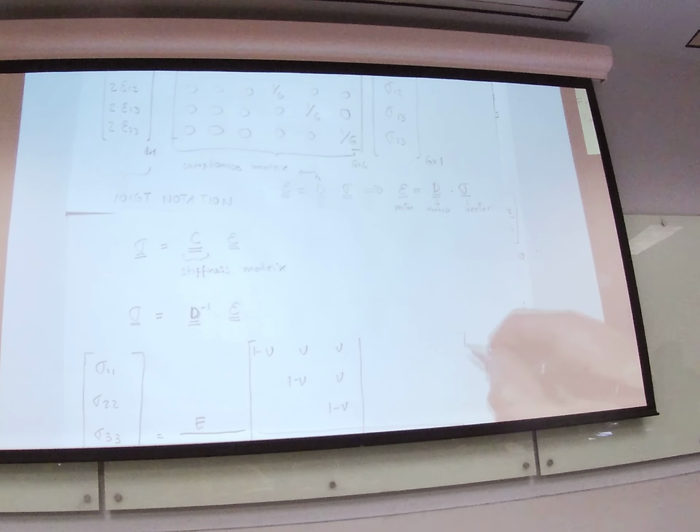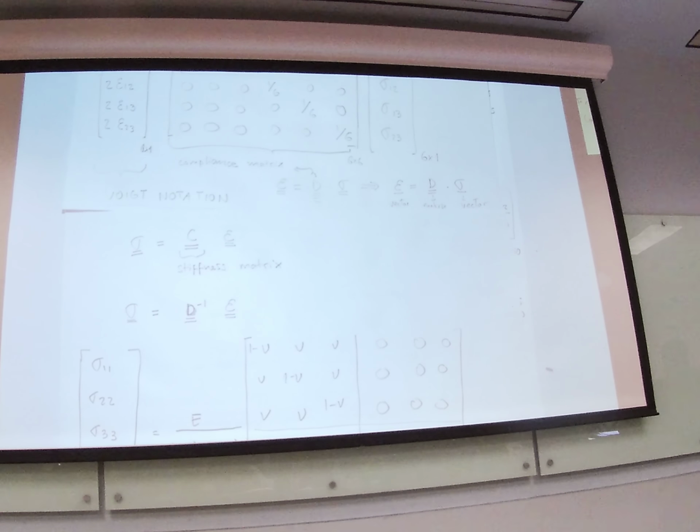Similar to the other one, you have zeros in here. And now here we have 1 minus 2 Poisson ratio divided by 2.